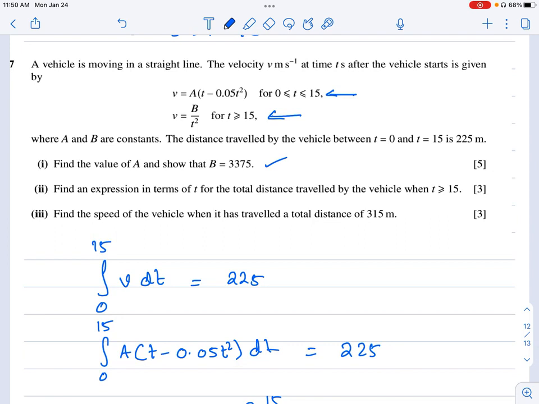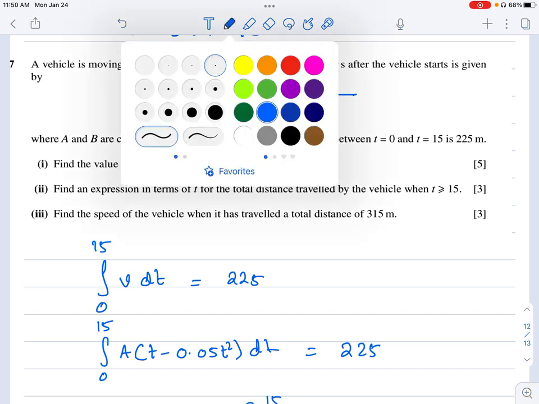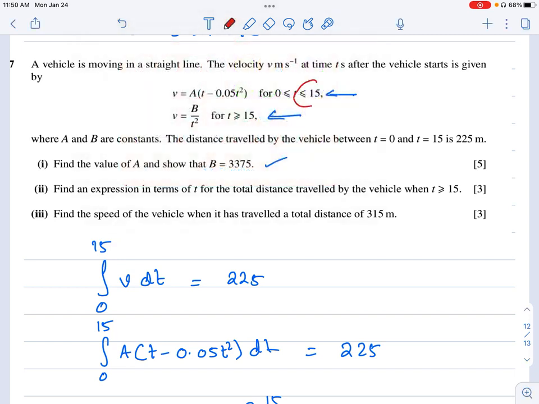So for that, how should I get the value of B? We know that the value of A is 4. We can see that t equal to 15 is common to both.